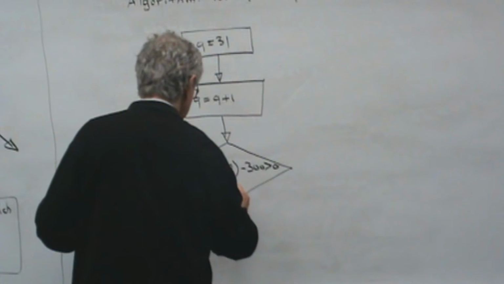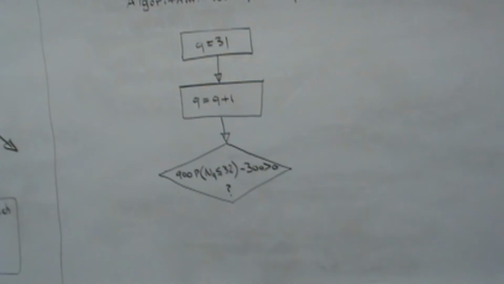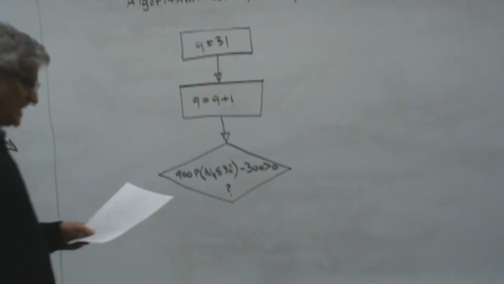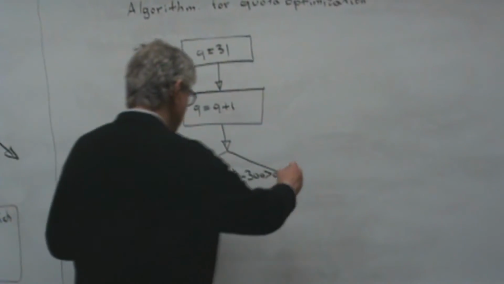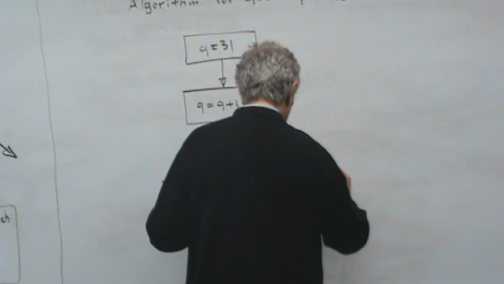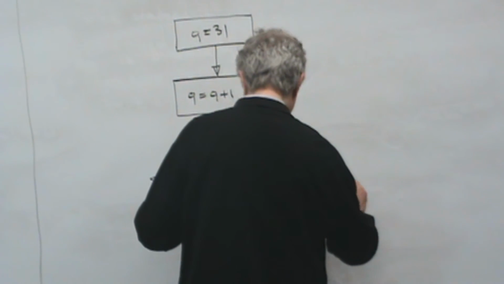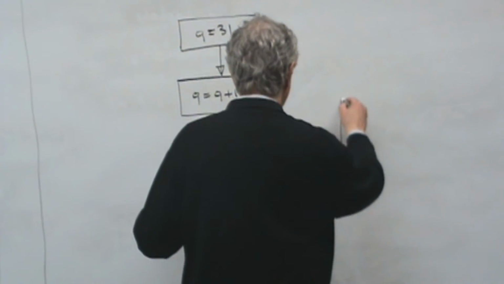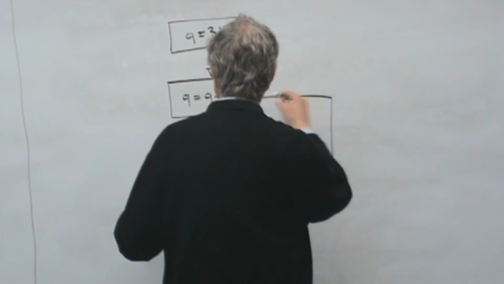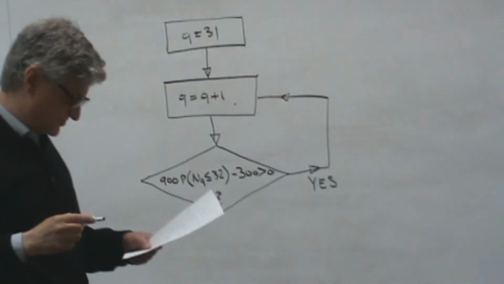Okay, that's the critical question that we ask. And if the answer is yes, then we increase the allowed reservations by 1. So if the answer is yes, we go to this block and increase the reservations.